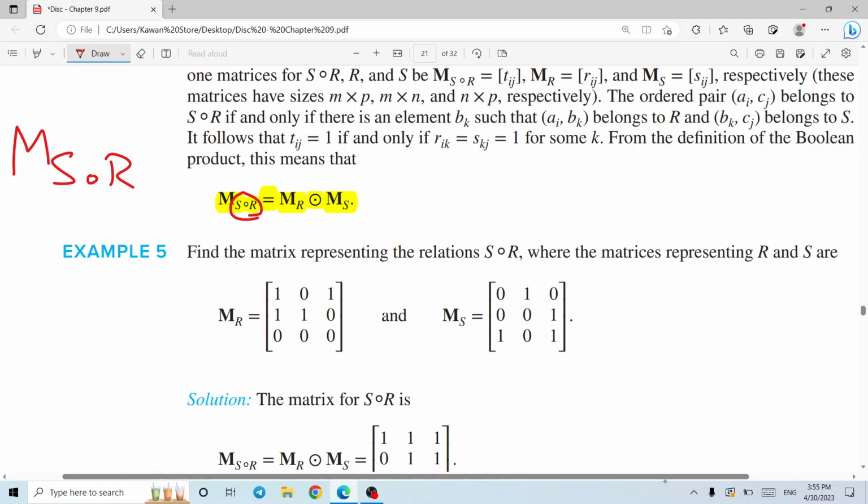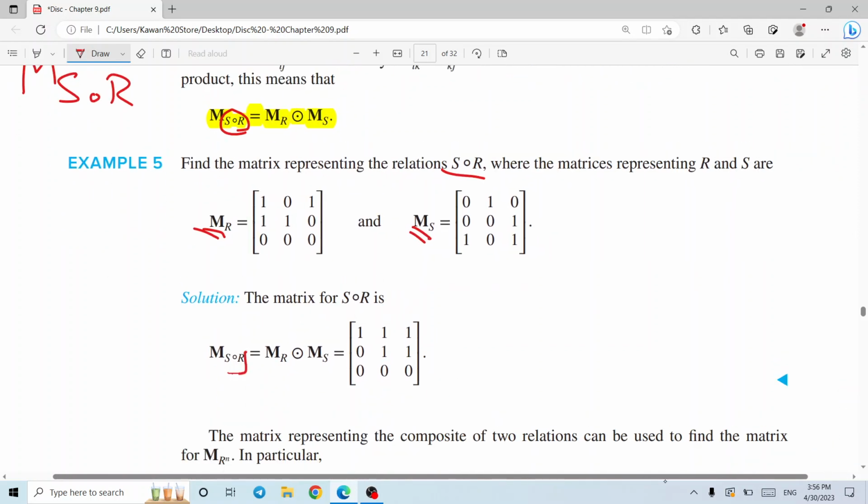So this is MR, and given this is MS. Now M is what?